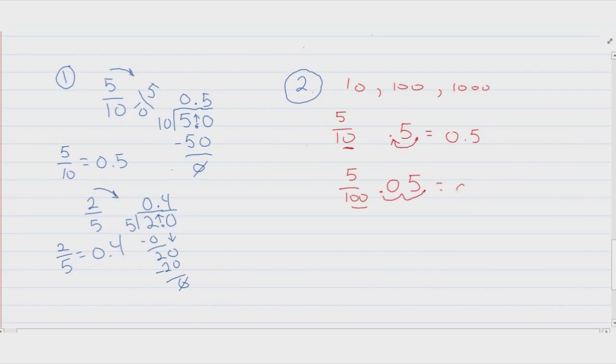So this equals 0.05. Really quick, do you see this 0 right here? You don't have to write it. We just put it there to show that there's basically no whole number. There's 0. You can actually write .05. They mean the same exact thing. It's up to you how you want to write it. But on this worksheet, you probably have to find the 0.05 in the picture.